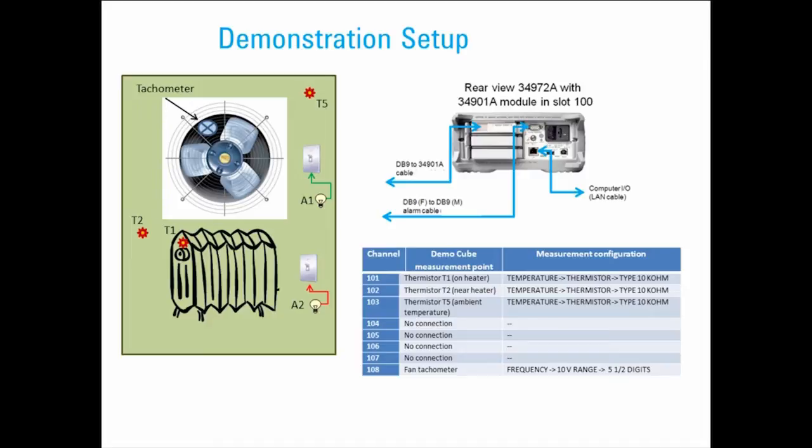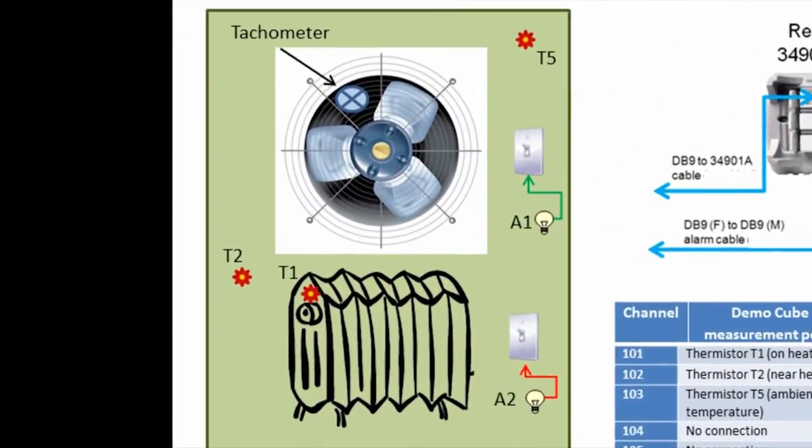So now let me describe the scenario we're going to be running with our demonstration today. Basically, we're going to be looking at the temperature of a heater, thermistor 1, and we want to keep it within a high and a low limit. So we'll heat up that temperature by turning on the heater, and when it hits a top limit of 27 degrees, we're going to turn off the heater automatically.